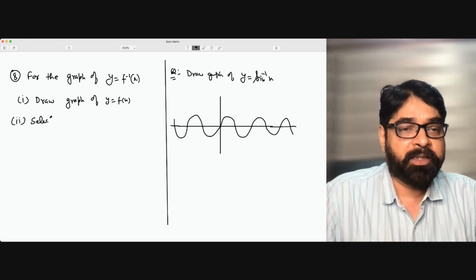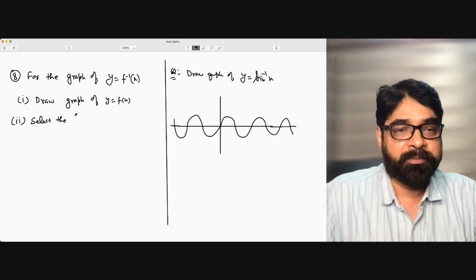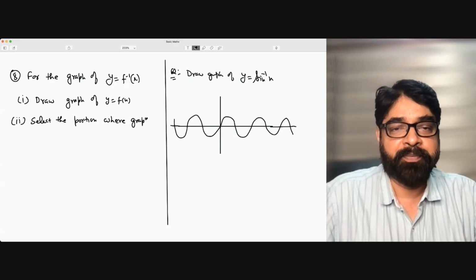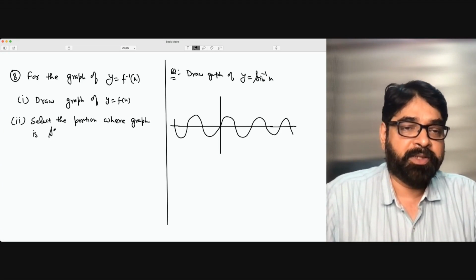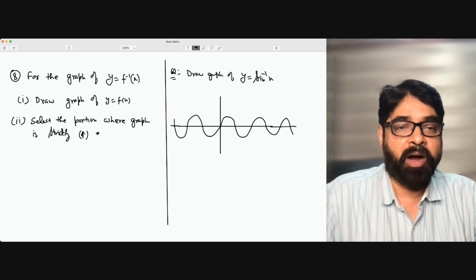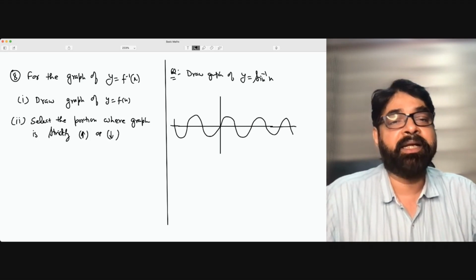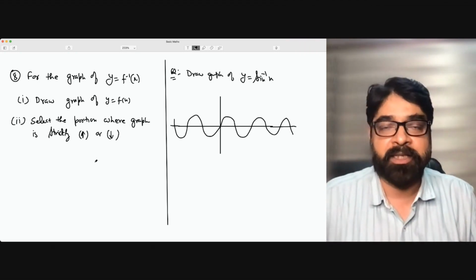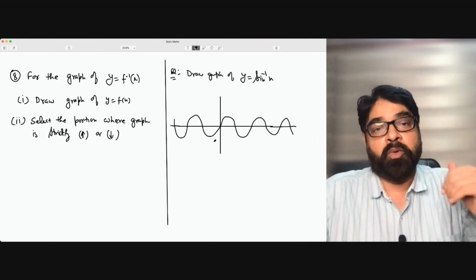Select the portion where the graph is strictly increasing or decreasing. Basically, indirectly, this step says I'm trying to make it a 1-1 function, nothing else. So what is the meaning?